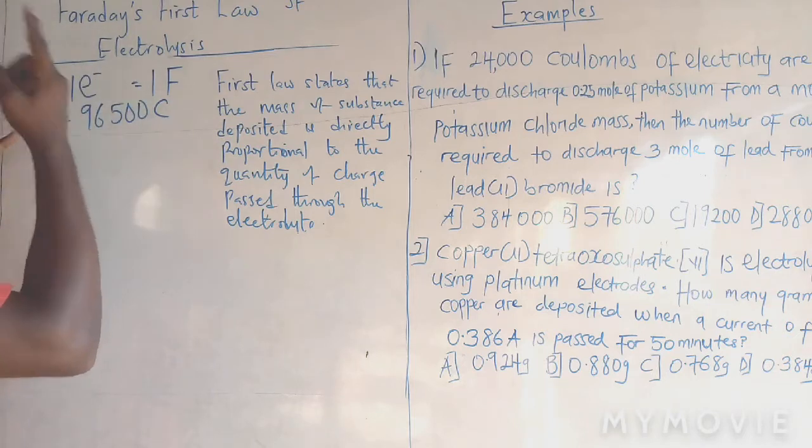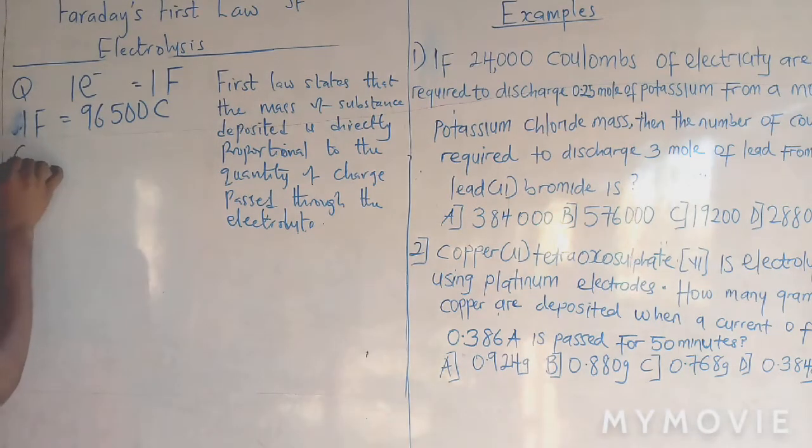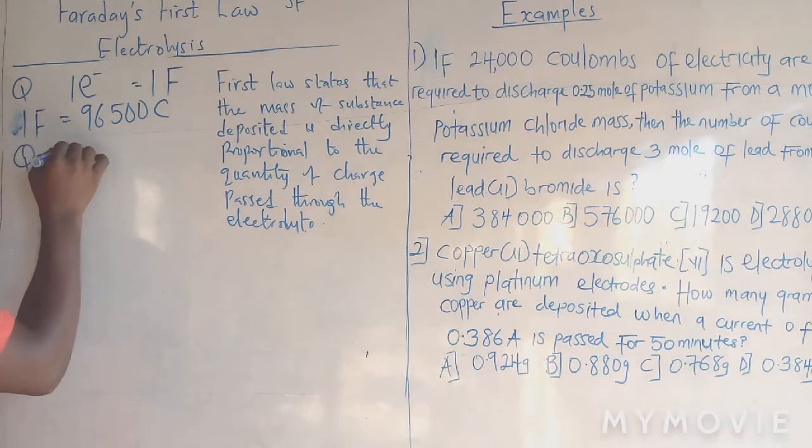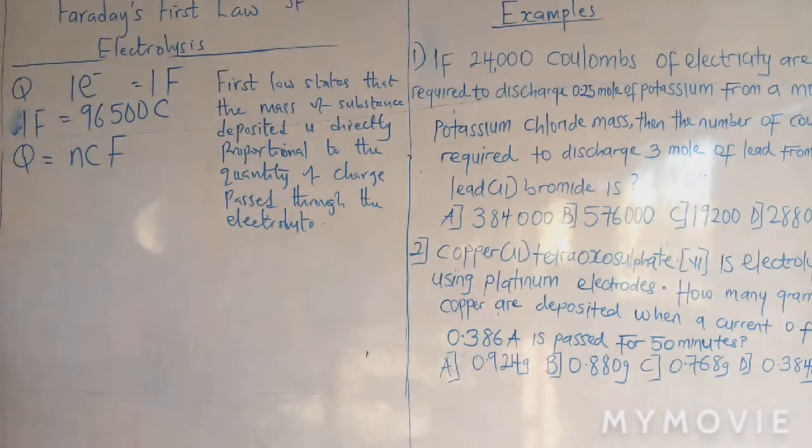For n moles of electrons, Q is equal to NCF. N is the number of moles.